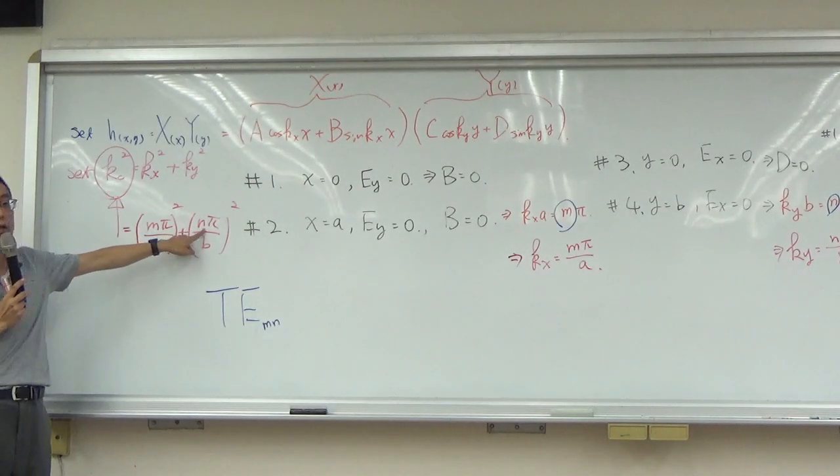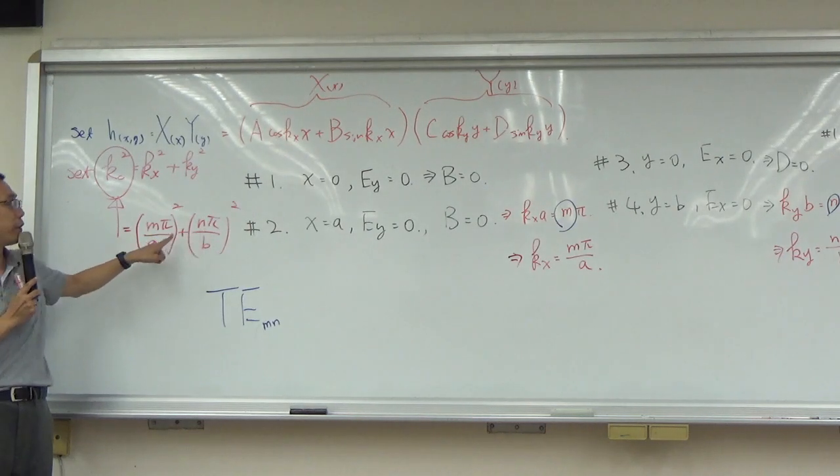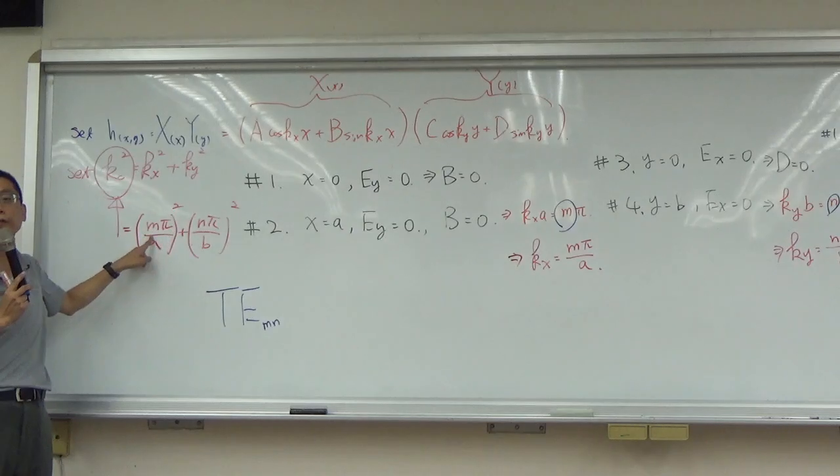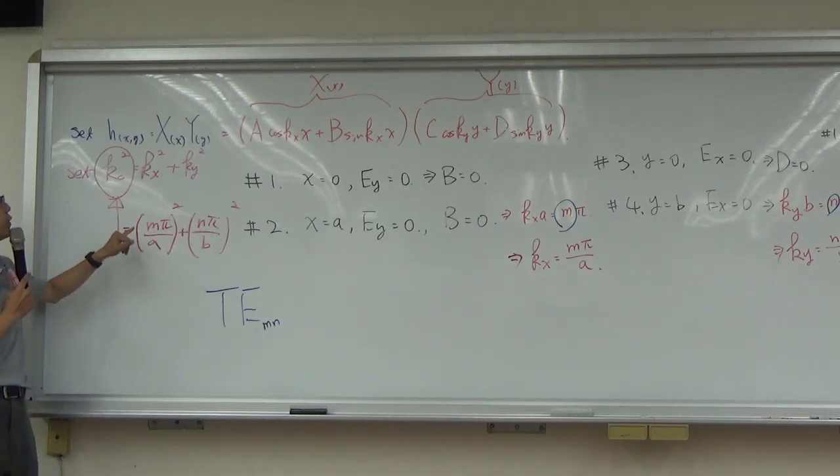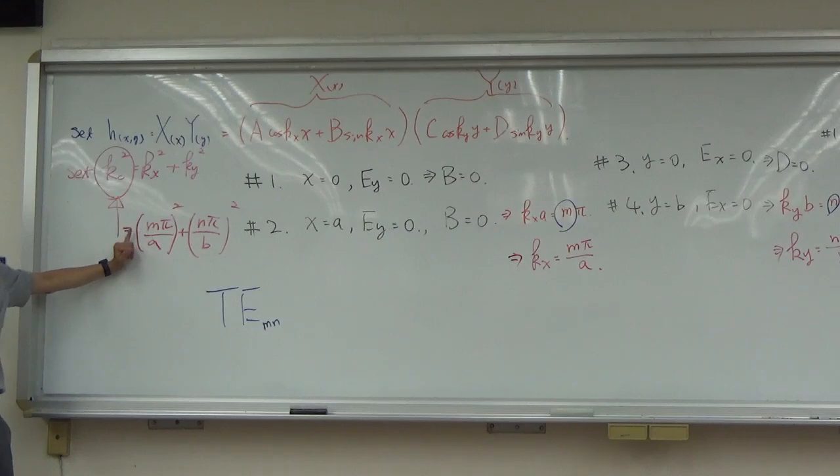M and n are decided by your number of solution. You have TE10, TE01, TE11, TE2, it depends on the number. So you can calculate your cutoff wave number by this equation.